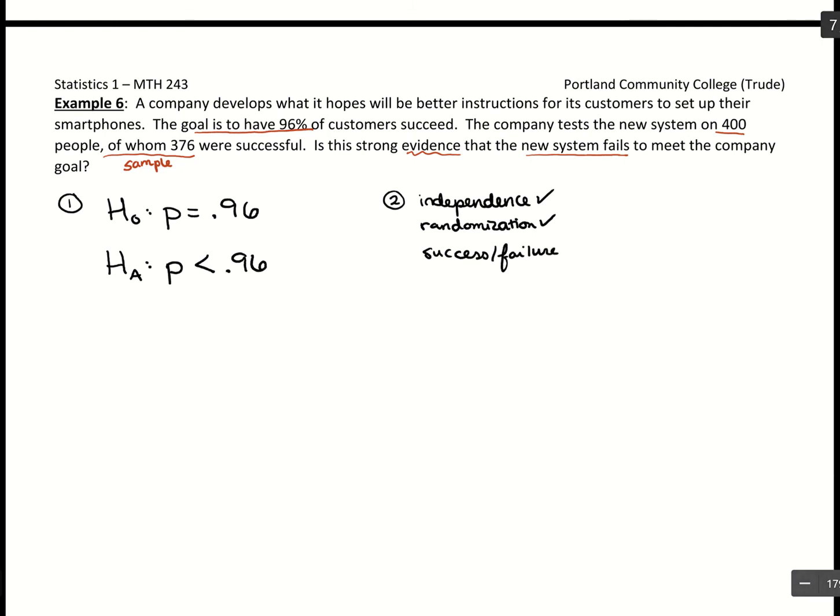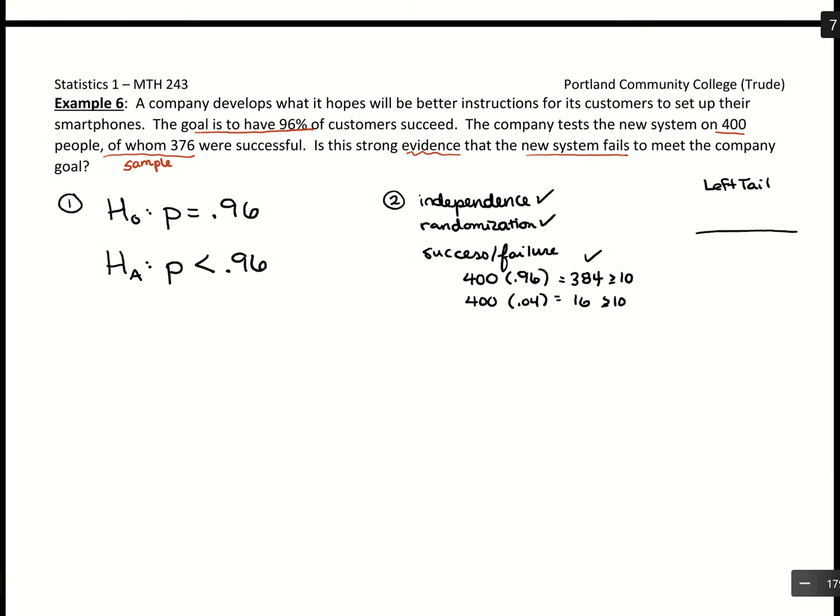We would take our sample size of 400, multiply that with the 0.96, take the sample size of 400, and multiply that with 1 minus 0.96, which is 0.04. And so for these values, we would be getting a 384 and a 16, which both of those values are more than or equal to 10, so we're good to move forward there. Then I'm just going to make that little note to myself that this is a left tail test.